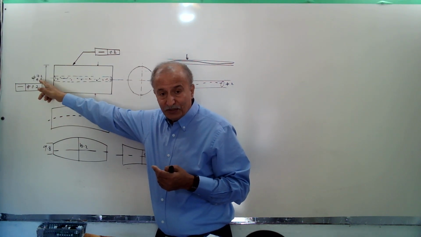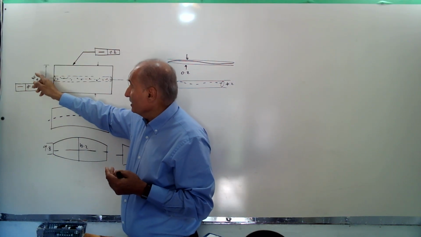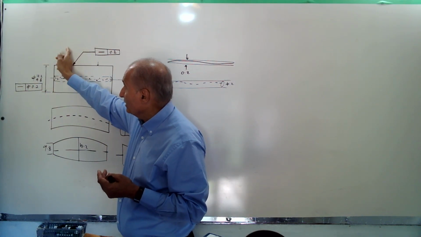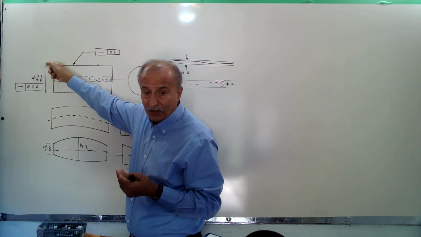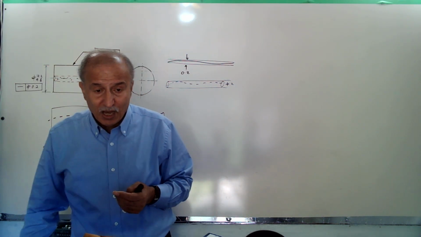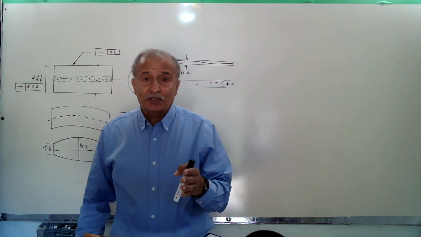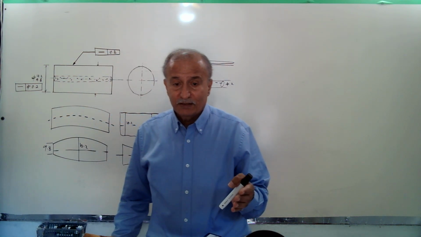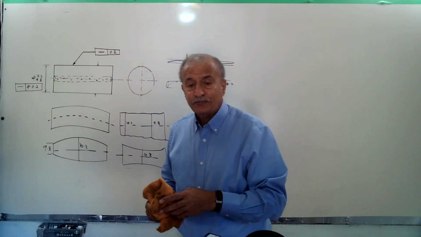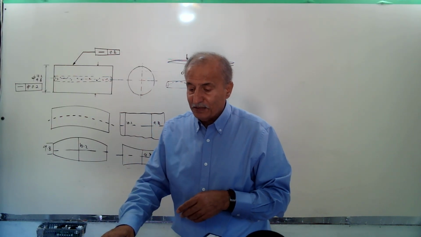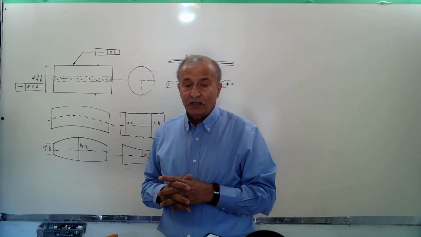One method is to show it under the size, another method is to show it beside the size, and another method is to show it here and connect it with the leader to the dimension line. That's the third method. That is how we show that straightness must be applied to the axis. Then this is the straightness and how to apply it to an axis.